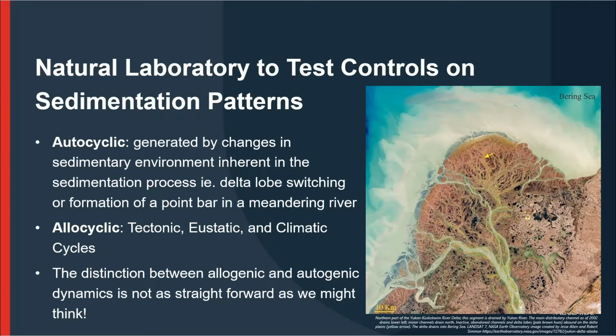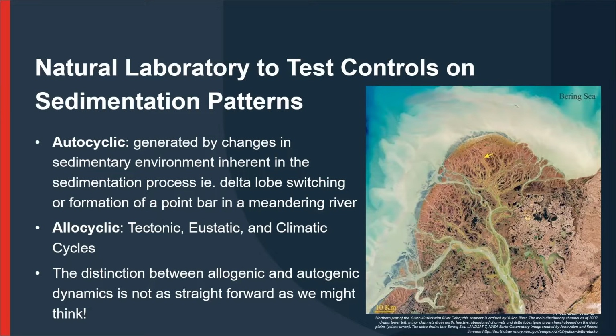And then we compare those against allocyclic signatures. So those are much bigger scale. If you're familiar with sequence stratigraphy, it'll be on the order of like third, second, first order scales. And these are typically considered to be regional tectonics, so the type of basin that you're dealing with, eustatic sea level, and also climate cycles.